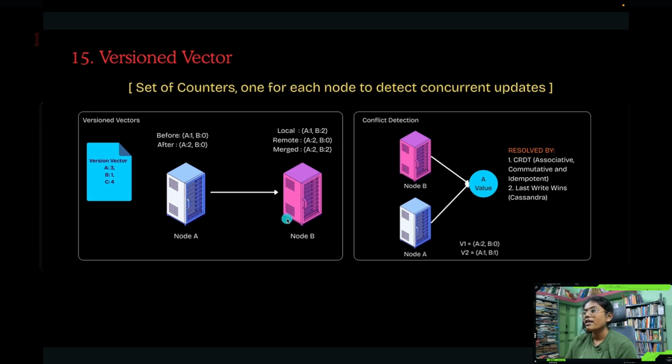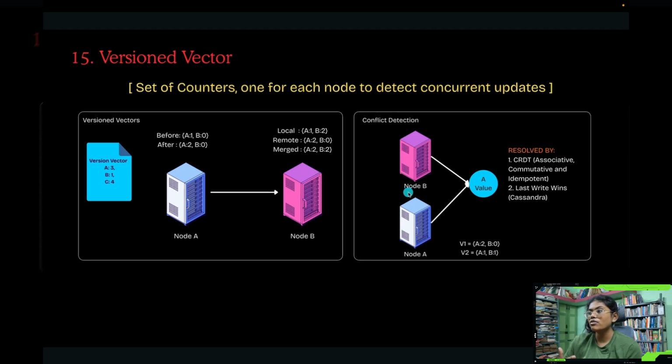So why version vectors? These are used to detect conflicts. For example, if there is an updation required on the value of A, and both node A and node B update at the same time, then the version for A will become 2 on node A, and on node B it will update to 1.